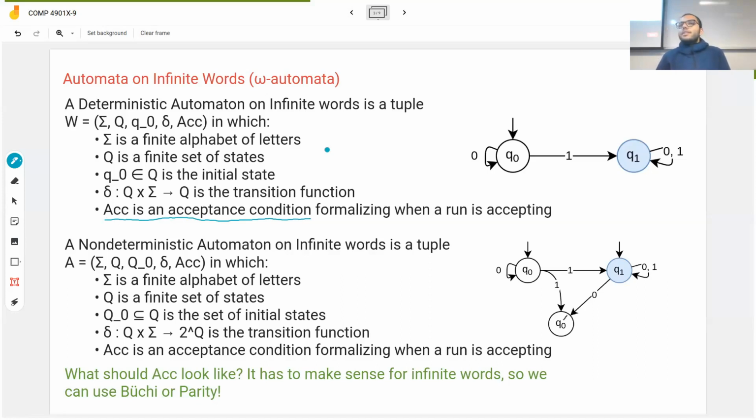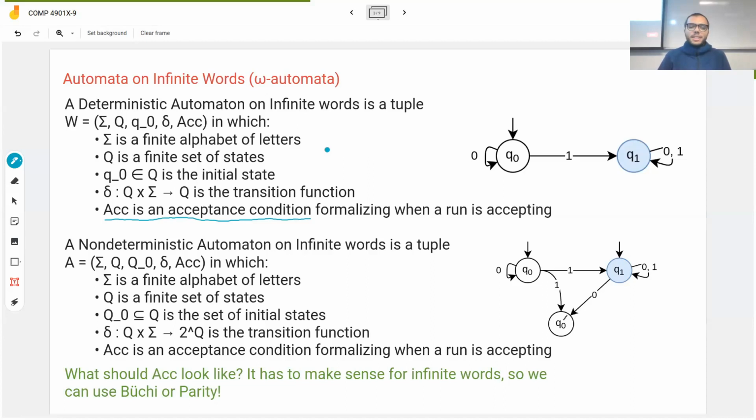Let's say that my run is an accepting run if it reaches one of the accepting states. But it turns out that's not very expressive. If we use reachability as our acceptance condition, there are very few different languages that we can actually model with our automaton. So it's not really interesting.